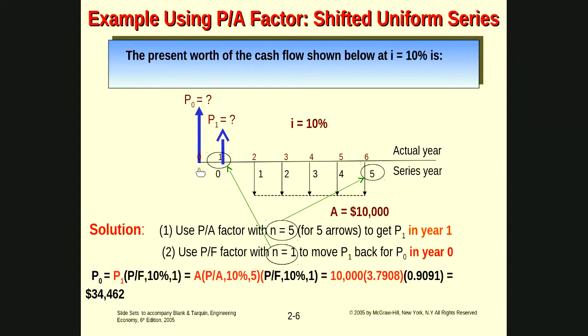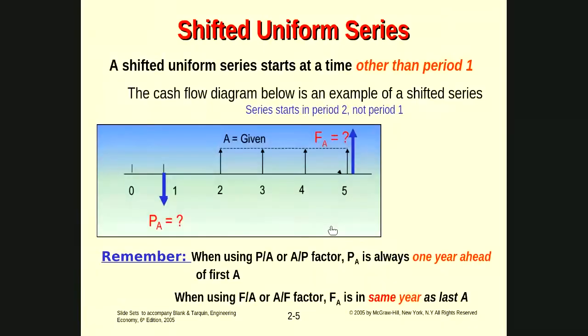But if you want to find the future of those annual values, go again to the slide, and it says, remember, when you are using F given A or A given F, it is always at the same year. And when you use P given A or A given P, you are always 1 year ahead.